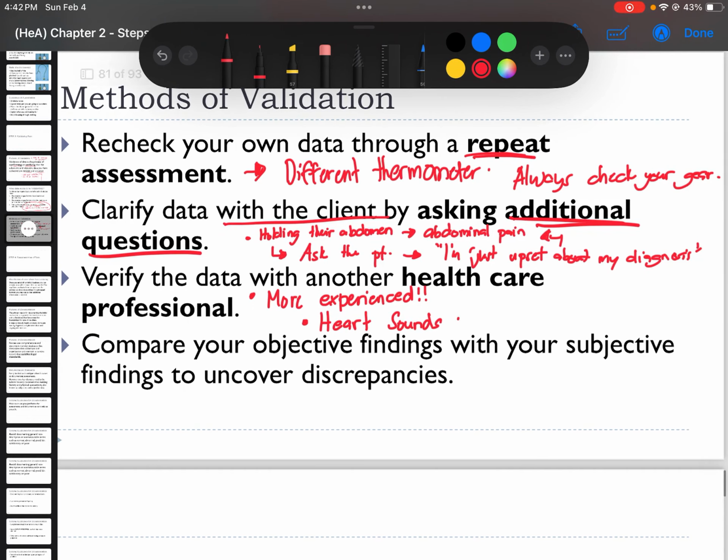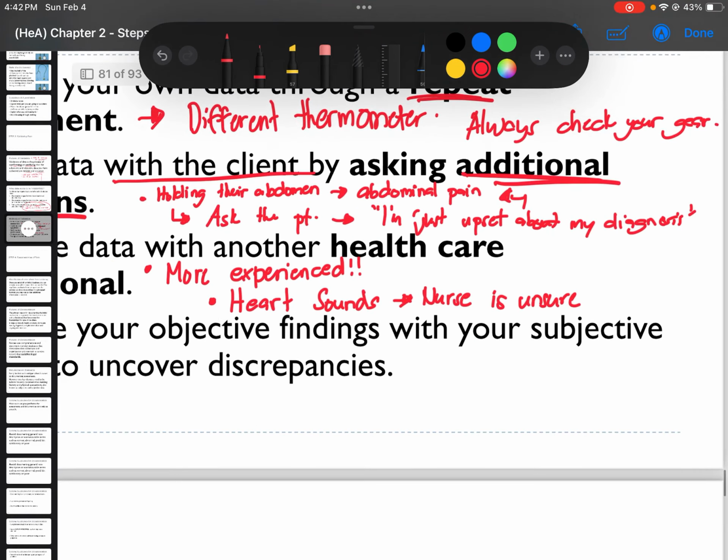But if the nurse is unsure about the sounds they are hearing, the nurse should ask a veteran colleague or veteran nurse.